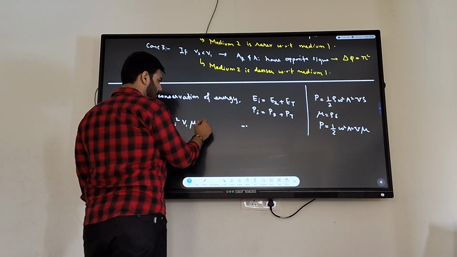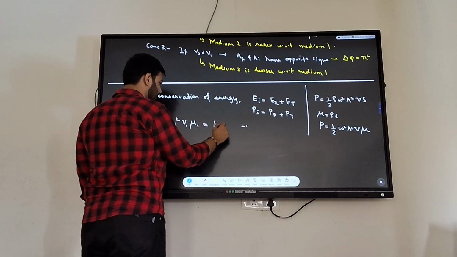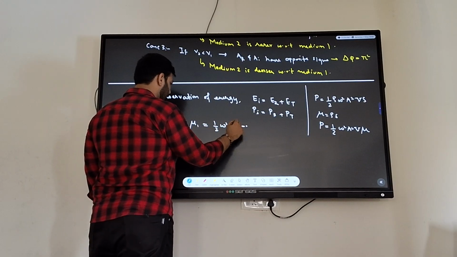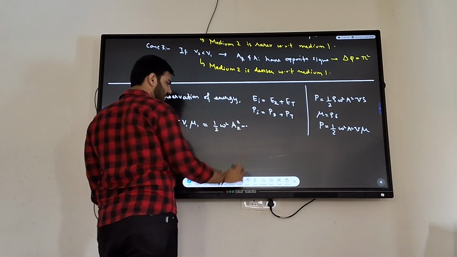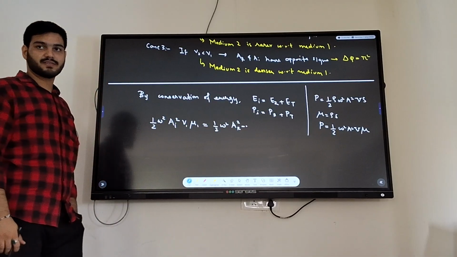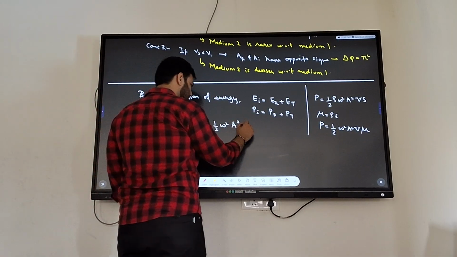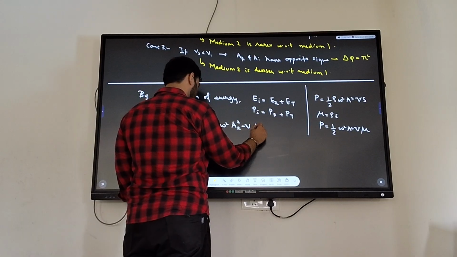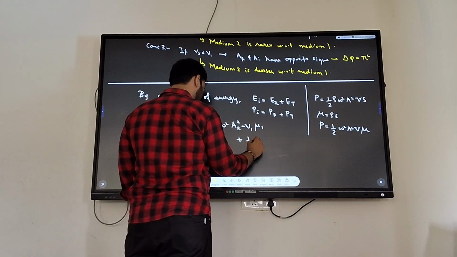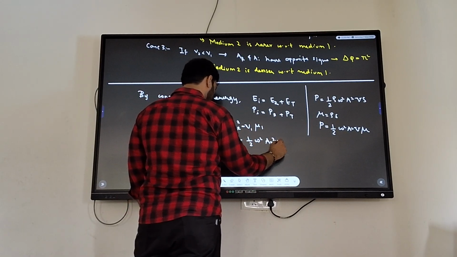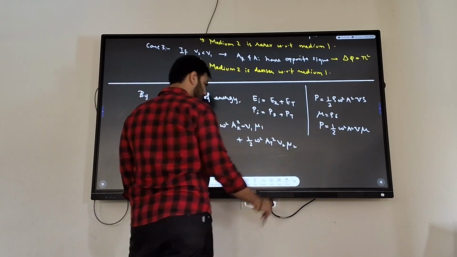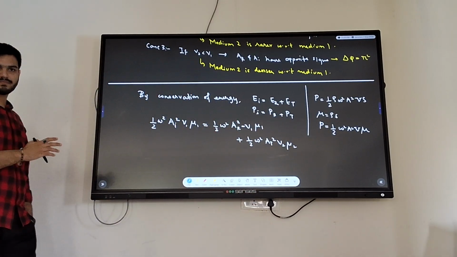That's equal to half omega square A_R square V1 mu 1, because reflected is in the same medium, plus half omega square A_T square V2 mu 2. Is there any problem here?